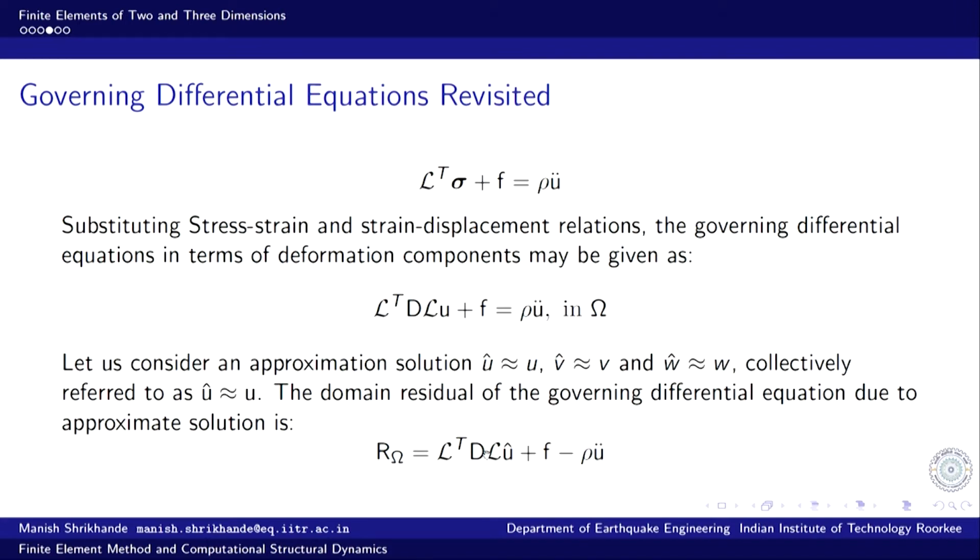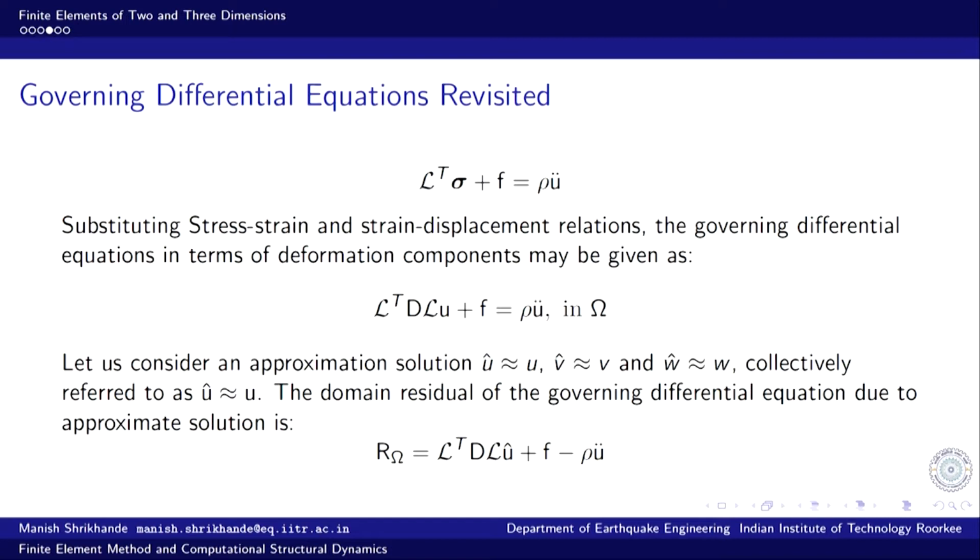D is the constitutive relation matrix, L is the strain-displacement operator, and u hat is the displacement, plus F the body forces. Then u double dot is the second derivative of the displacement with respect to time, that is, the accelerations. We are of course assuming that the mass of the body does not change with time within the domain. So, this is the domain residual.